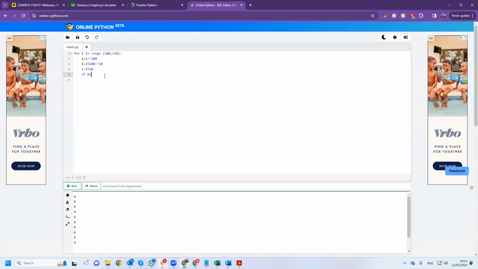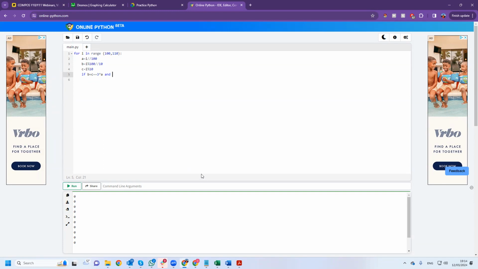Okay, and now we need to check if B plus C is equal to 3 times A, and what was the other one?